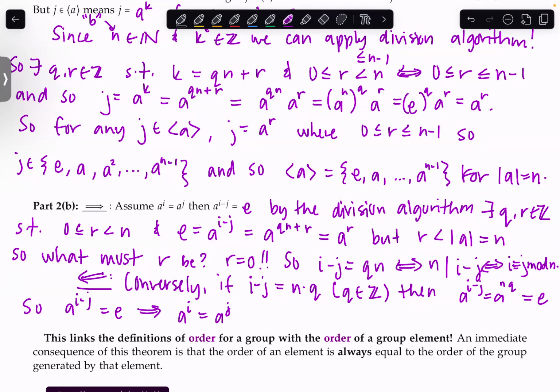And this gives me a to the i equals a to the j. So we're really multiplying by a to the j on both sides to get this. All right, and this completes this portion of the proof, which really completes the 2-part proof that we have here, depending on the order of my element here.